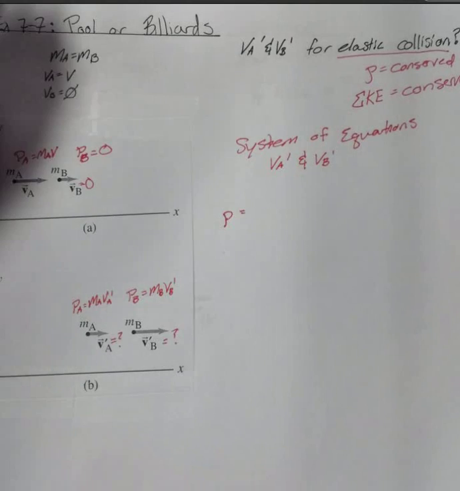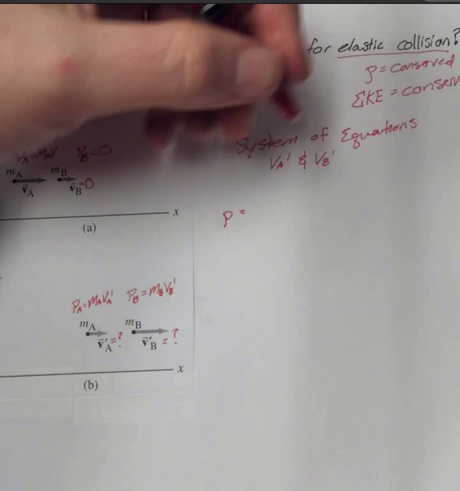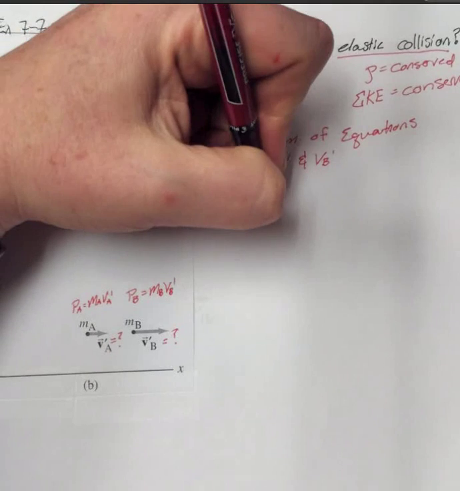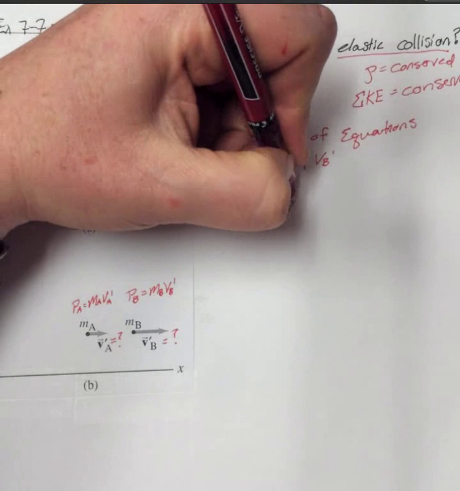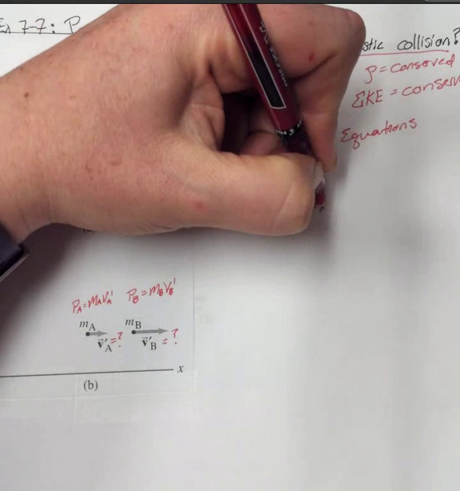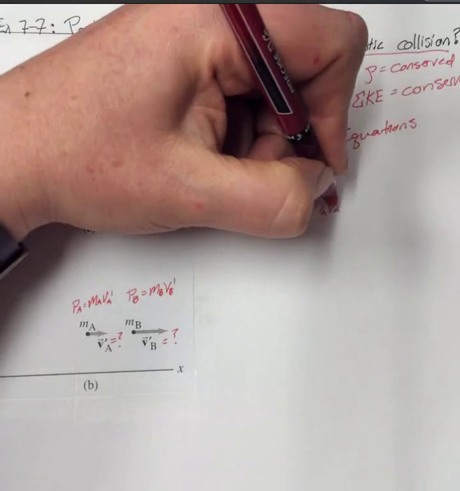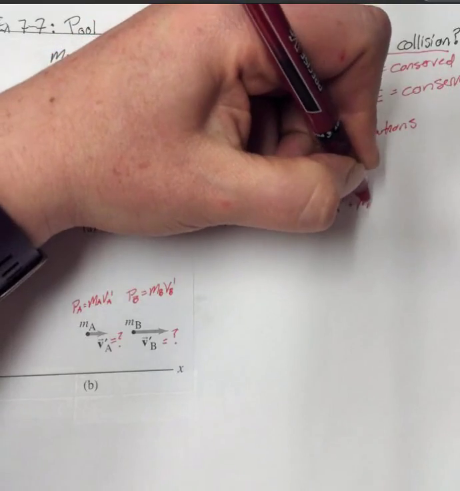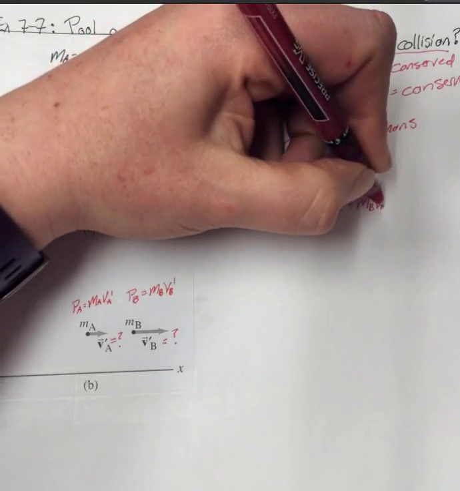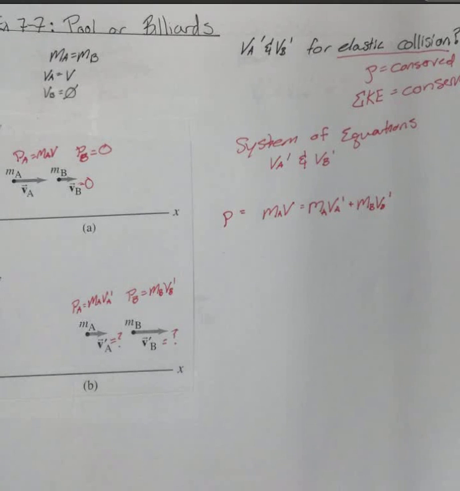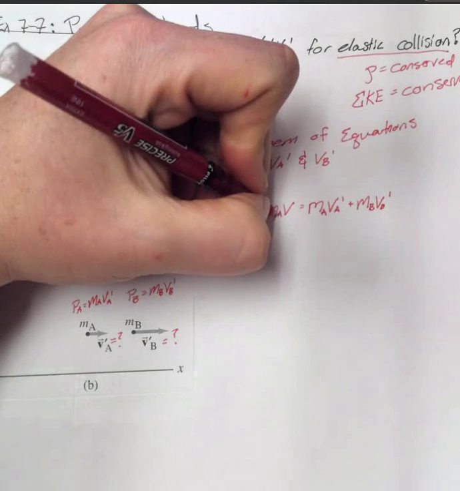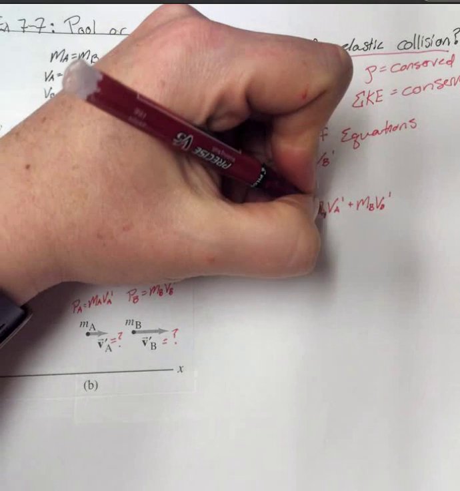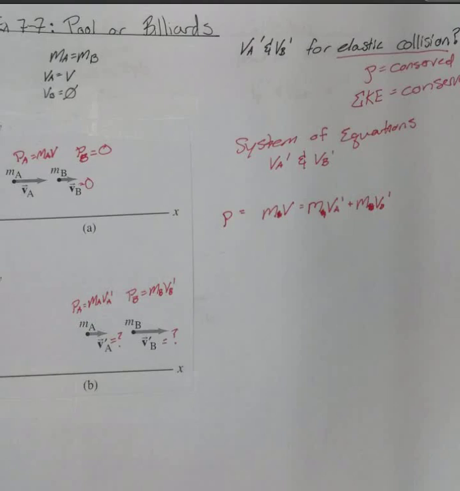So if I set up my conservation equation, I get that MAV equals MAVA prime plus MBVB prime. And the nice thing about this equation is since MA equals MB, I've got M, M, M, since they're the same mass.